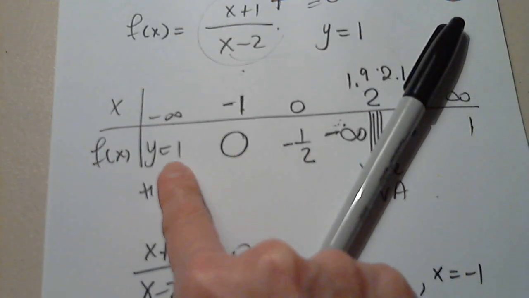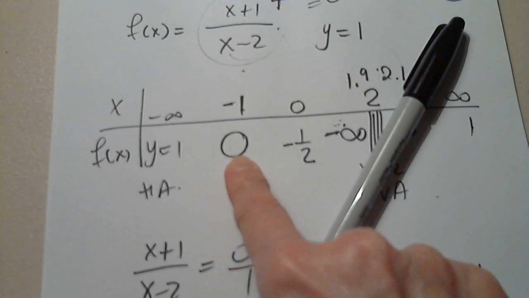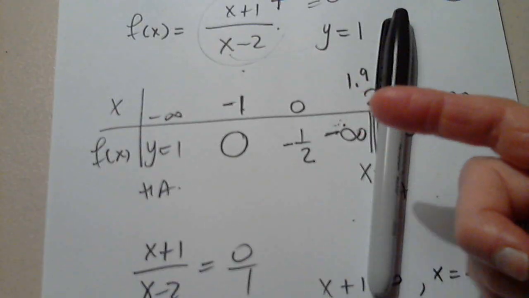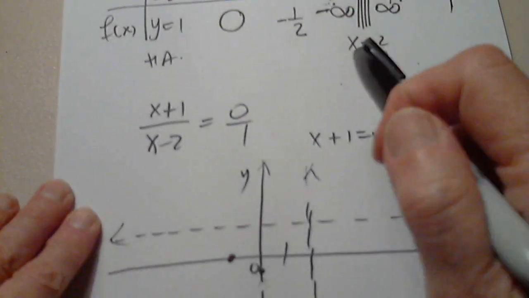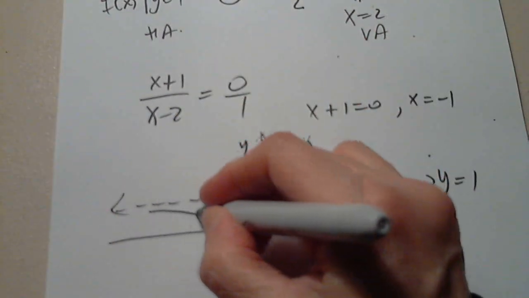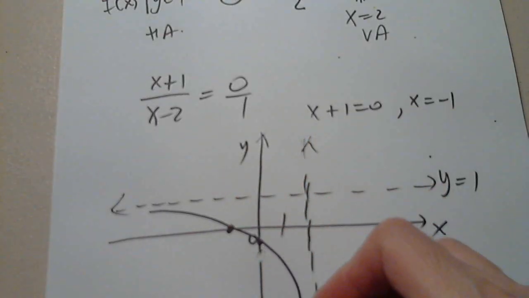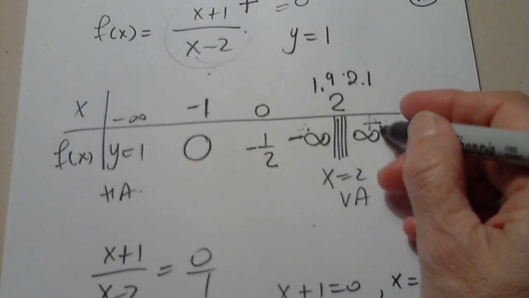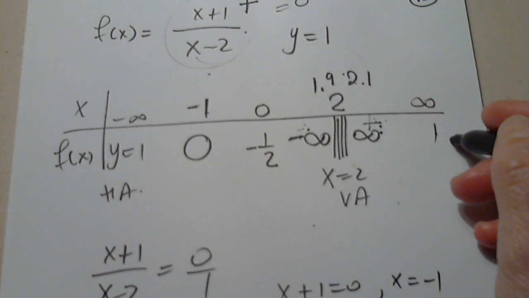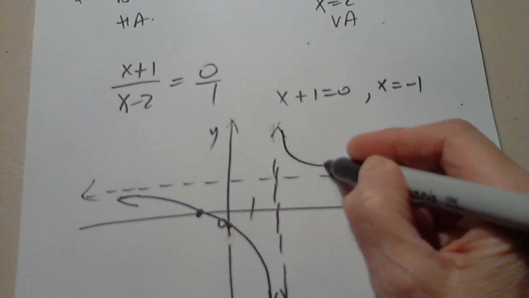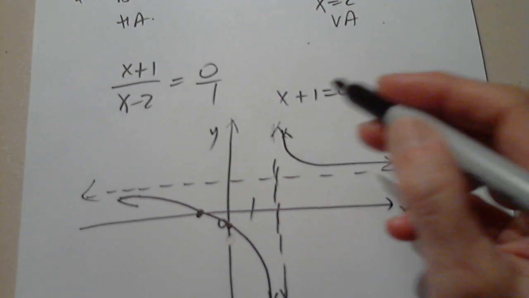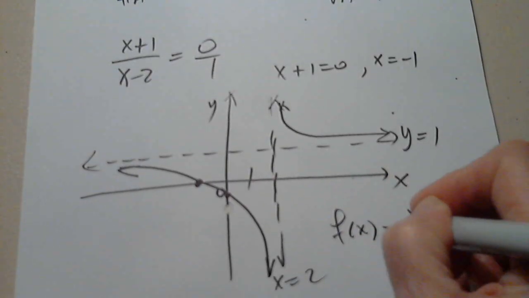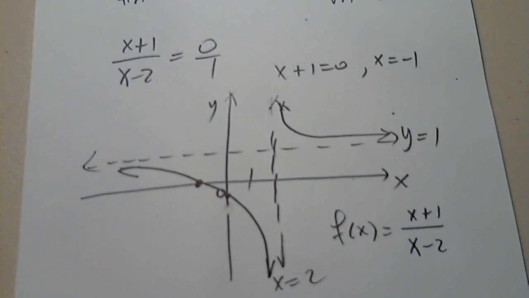On the left-hand side of the vertical asymptote, very easy. On the other side, it's coming from positive infinity down to 1. From positive infinity, approaching 1. Done. So f of x, x plus 1 over x minus 2.